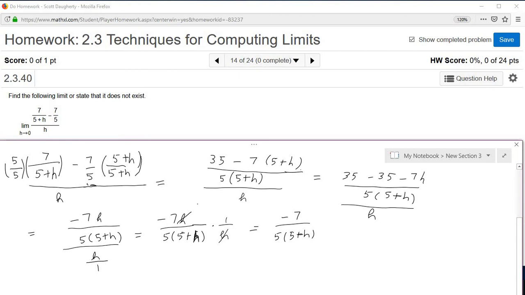The original function that we had is still equal to this negative 7 divided by 5 times 5 plus h. And so what I'm going to do now is go back and find that limit. So we're going to find the limit as h goes to 0 for this manipulated form of the original function.